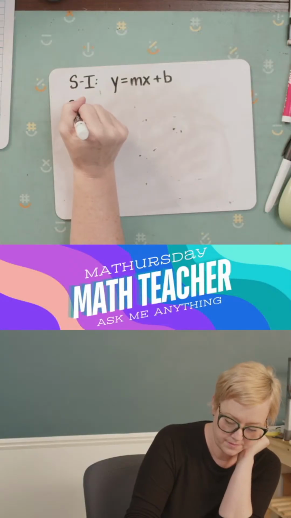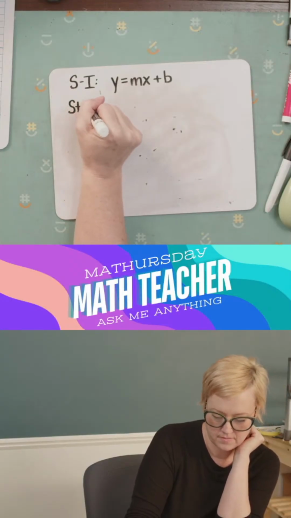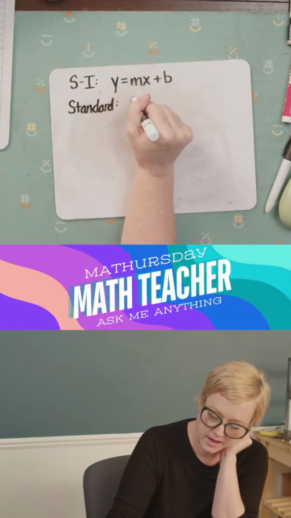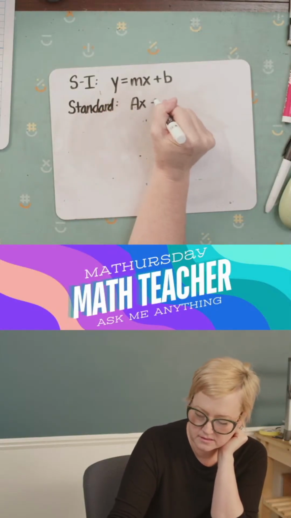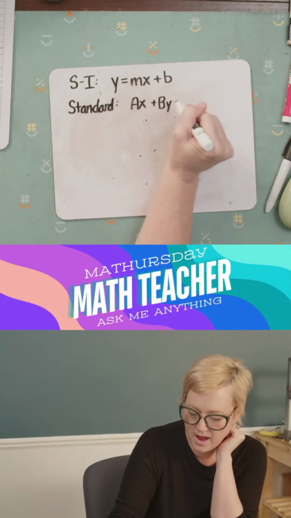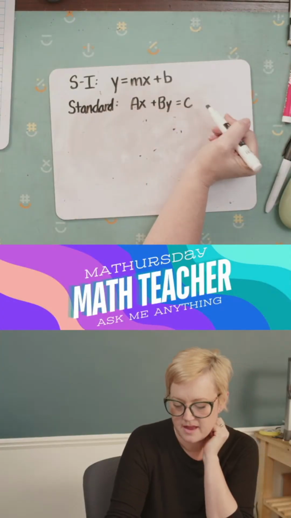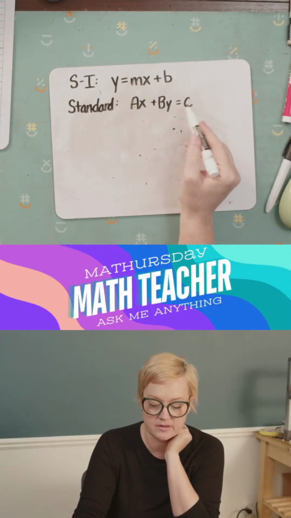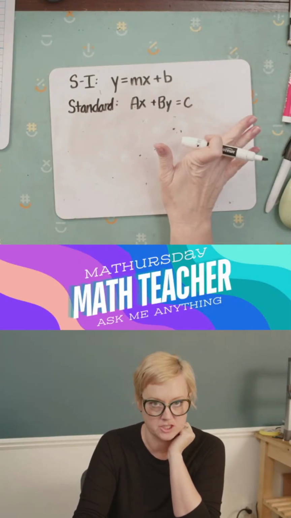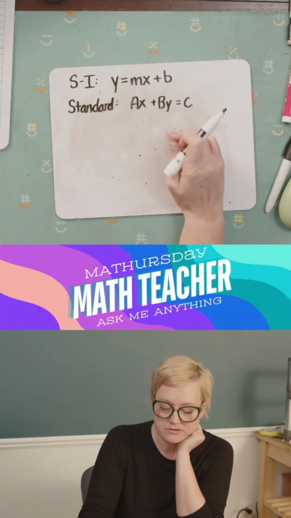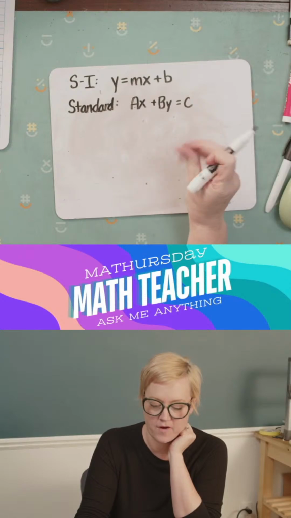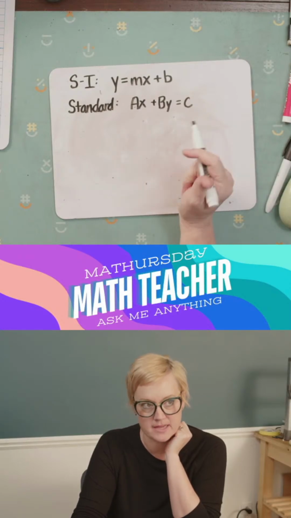Standard form is ax plus by equals c. Now the caveat is that A and B can't have fractions in here. Sometimes you have to do some tricky multiplication to make sure that there are no fractions, and also your A needs to be positive.